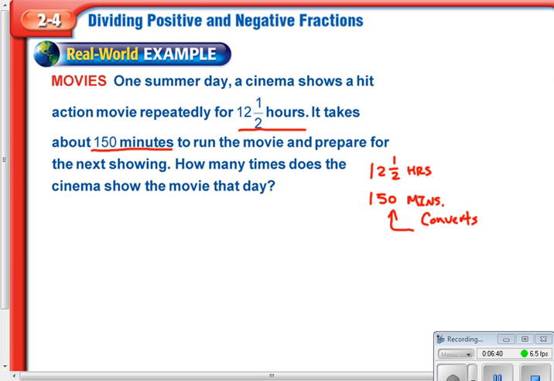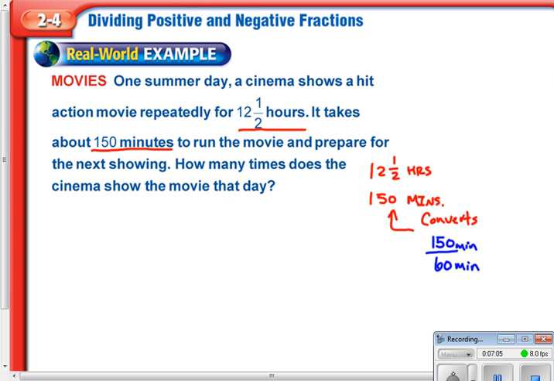In order to do that, I know that I'm dealing with 150 minutes, and I know that there are 60 minutes in an hour. So I do my conversion: 150 minutes divided by 60 minutes. I have a fraction there, and then I can reduce that fraction.